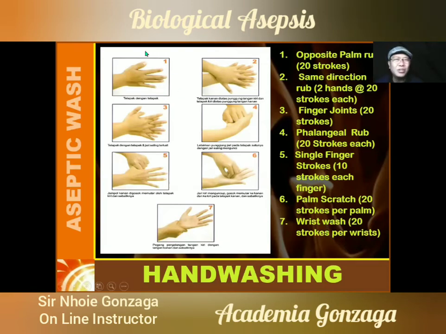Now you have a demonstration here. So this is your opposition, same direction. You have your fingers and joints, your phalangeal rub, and then your single finger rub, palm scratch, and then wrist wash.